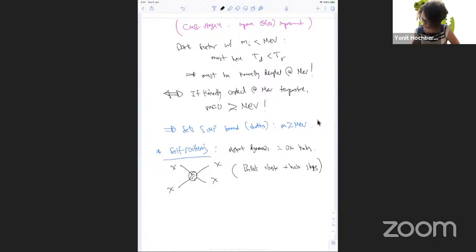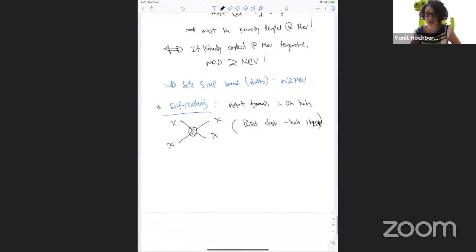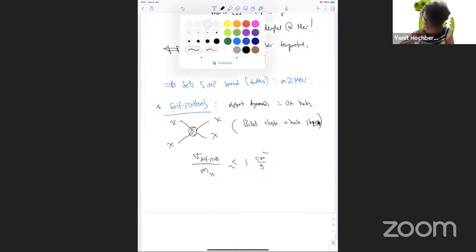The way that this bound is usually phrased is that if I have some cross section for the self-scattering, normalized by the mass of the dark matter particle, this should typically be smaller than around 1 centimeter squared per gram. This number isn't exact.